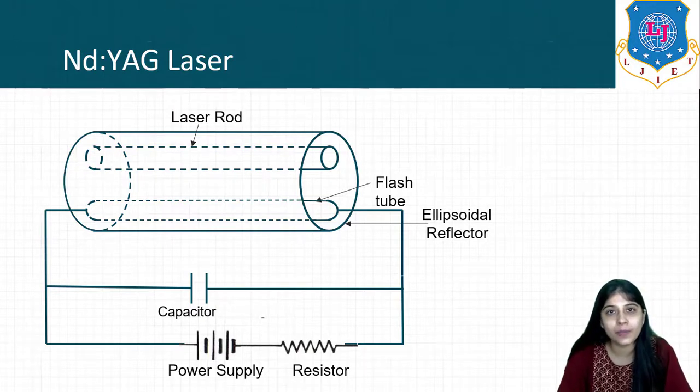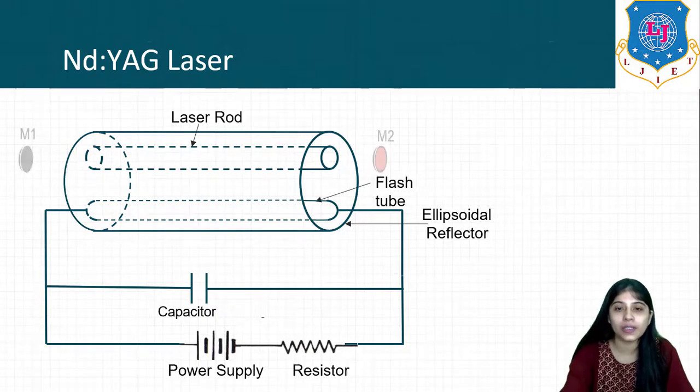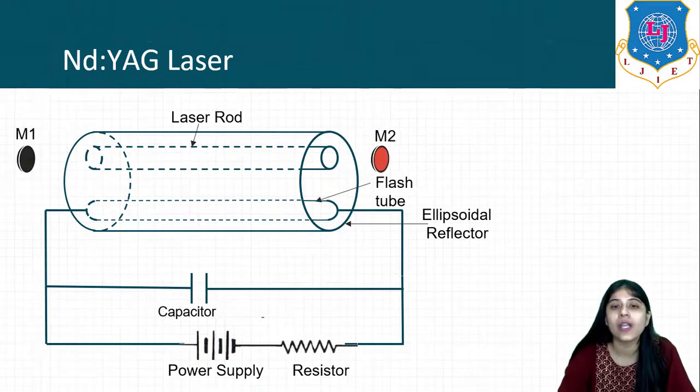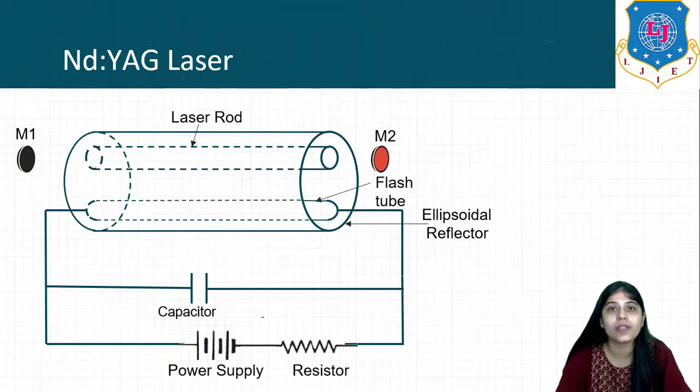That is why they are both placed on the focal axes of the ellipsoidal cavity. In this construction, the end faces of the rod are silver polished. If they are not polished, then two external mirrors can also be used for the purpose of amplification.